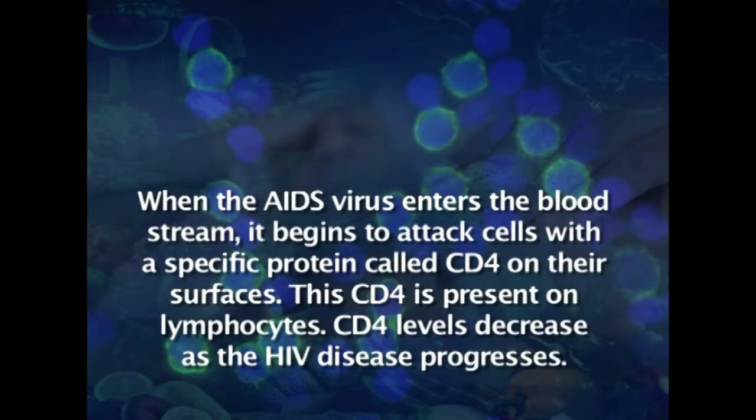When the AIDS virus enters the bloodstream, it begins to attack cells with a specific protein called CD4 on their surfaces. This CD4 is present on lymphocytes, and CD4 levels decrease as the HIV disease progresses. Loss of CD4 function leaves an individual susceptible to infections and certain cancers.